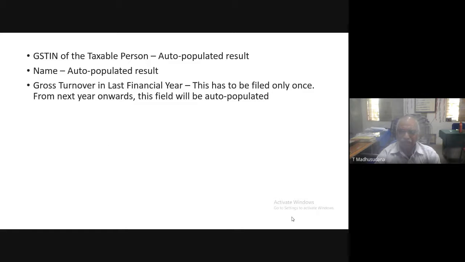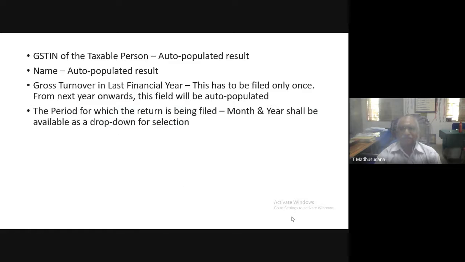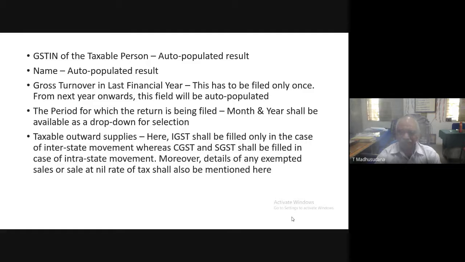Gross turnover in the last financial year: what was the gross turnover, gross sales in the last financial year? The period for which the return is being filed: what is the period for which we are submitting the form GSTR1? That is month and year, available as a drop down for selection. So from the drop down we have to select the month and year.